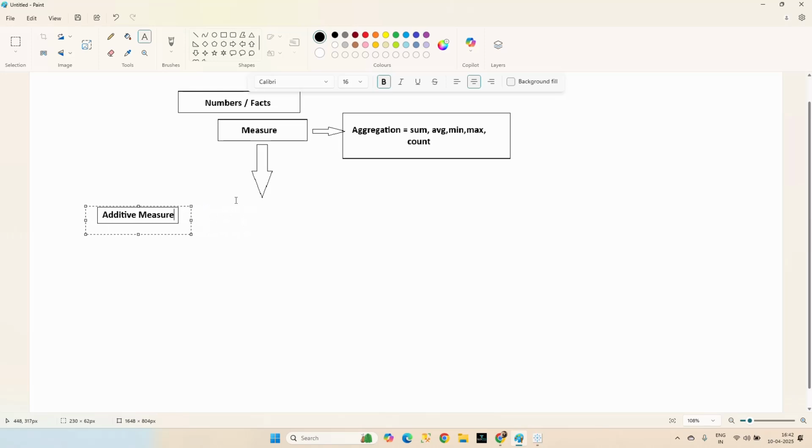One is additive measure. Second one is semi-additive measure. Third one is non-additive measure.